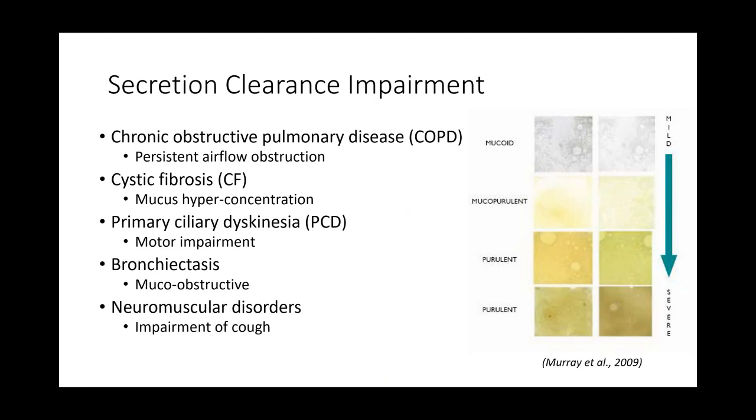In bronchiectasis, we've got muco-obstructive disease, and the neuromuscular disorders cause an impairment in cough. And depending on the severity of the disease, you can see that you get changes in colour in the mucus. And obviously, I certainly wouldn't want this as a colour chart for my walls at the bottom. The lighter, the better.